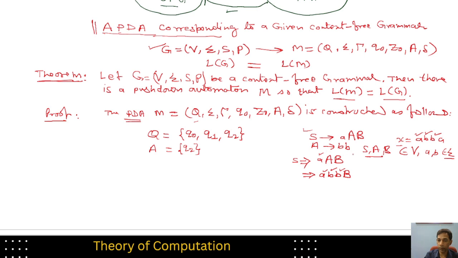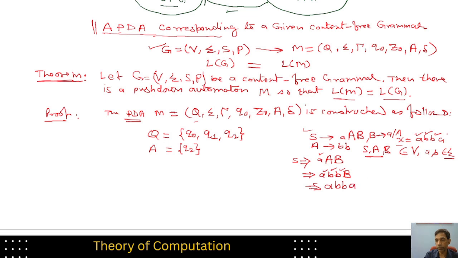If for B you have B derives a or B derives null, then we can use the production B derives a, and you have the string abb, and B is replaced with a.